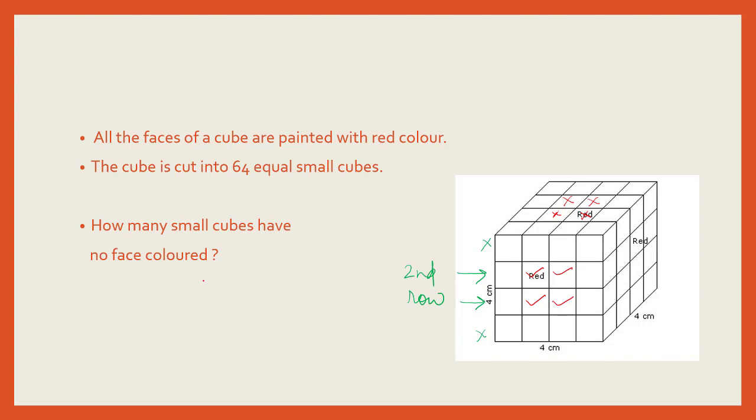So in the second row I will get 4 such cubes for which no face is colored, and in the third row also I will again get 4 such cubes. So there are 8 such cubes which are completely not visible, completely inside the core of this big cube, and neither are they visible nor will any of their faces be colored. So our answer here for how many small cubes have no face colored should be 8.